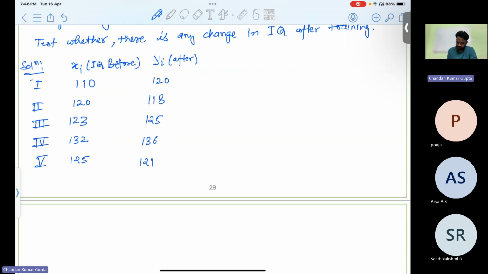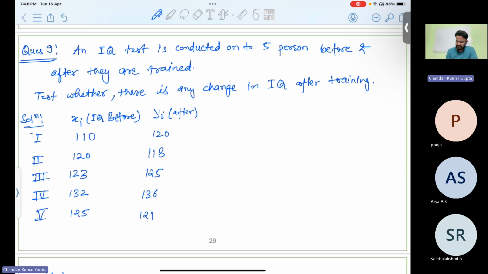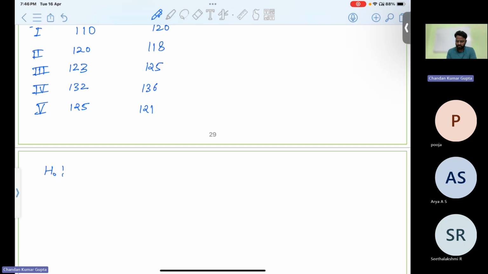Now we need to frame the hypothesis. H naught, we need to test whether there is any change. So either there is a change, or there is no change.